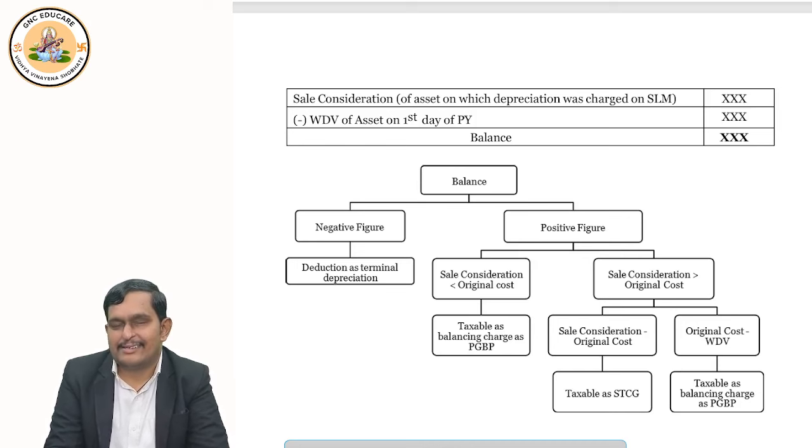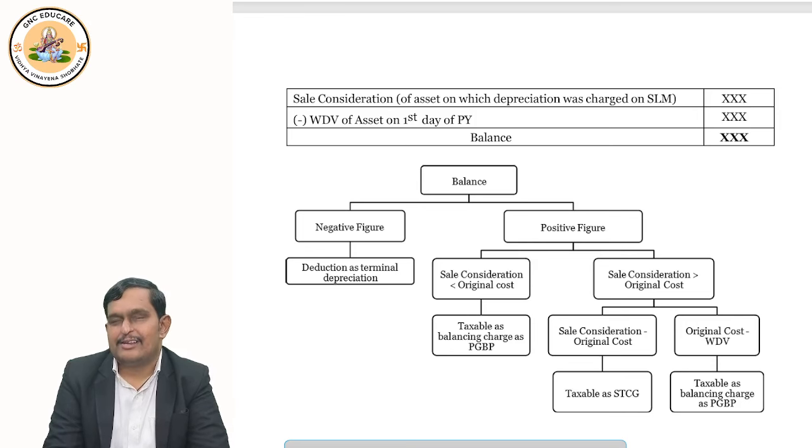Suppose sale consideration is 1 crore, WDV 60 lakhs. Original cost is suppose 80 lakhs. Now, sale consideration 1 crore is greater than original cost of 80 lakhs.